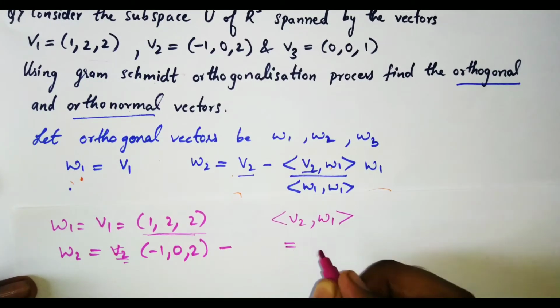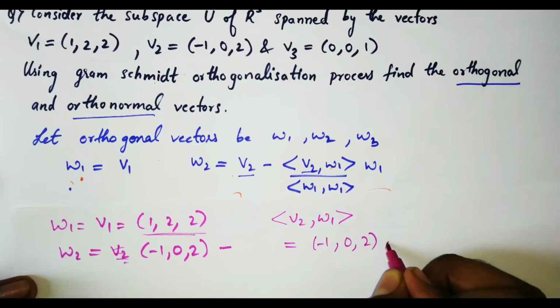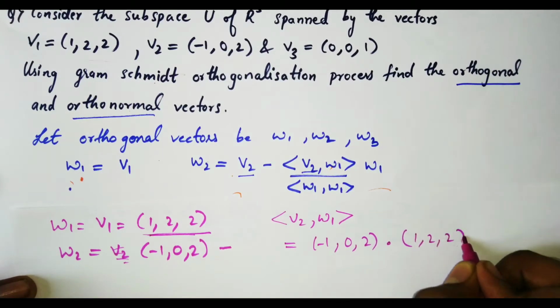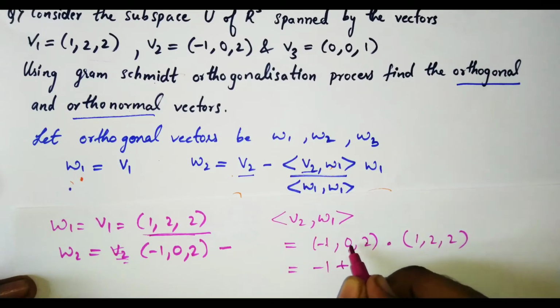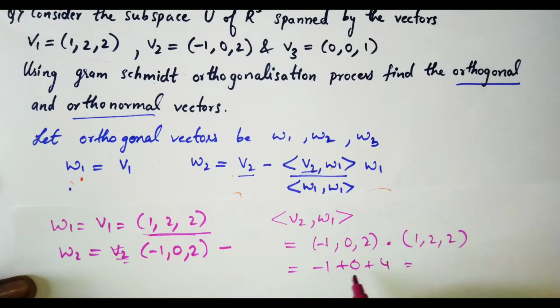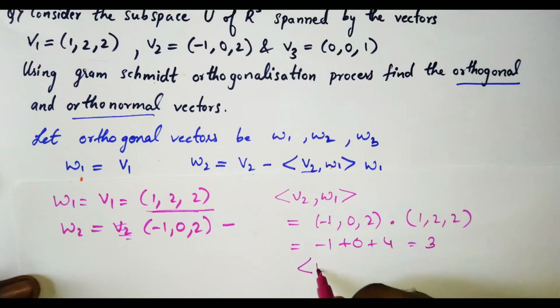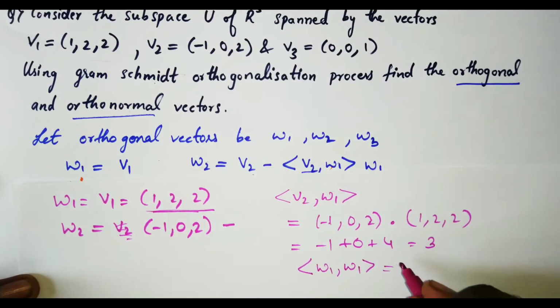So let's find the inner product of v2 and w1: the dot product of minus 1 0 2 with w1, which is 1 2 2. That is minus 1 into 1 is minus 1, plus 0 into 2 is 0, plus 2 into 2 is 4. So minus 1 plus 4 is plus 3. Now one more thing we have to find is the inner product of w1 with itself.